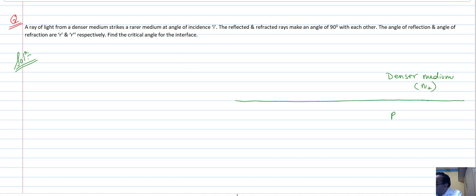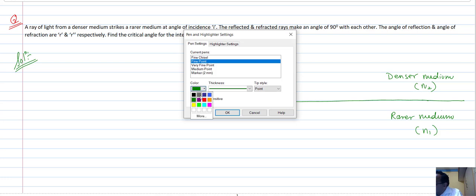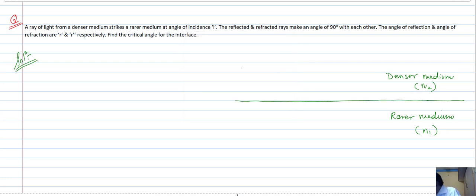And here we have the rarer medium. Let us say the refractive index is N1. The ray of light from the denser medium strikes the interface, and the incident ray is this one.